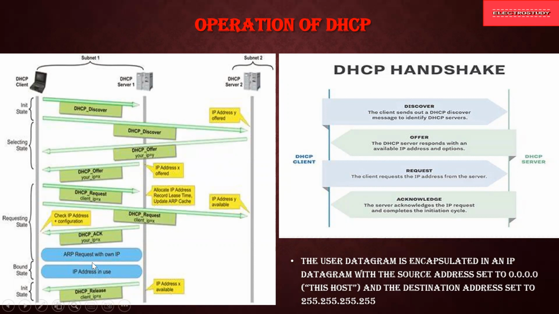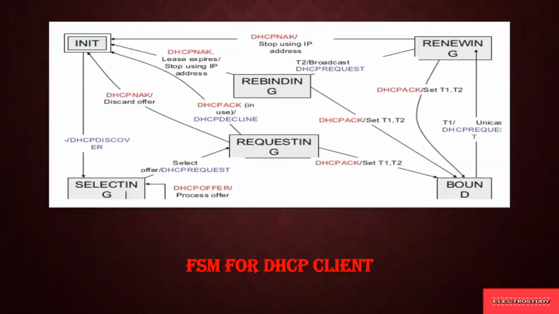And there are two states here, the bound state and the rebinding state. First, initialization: there is a DHCP discover message that is given to the selecting state.